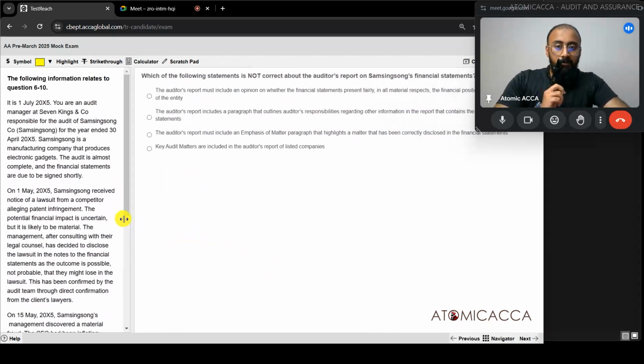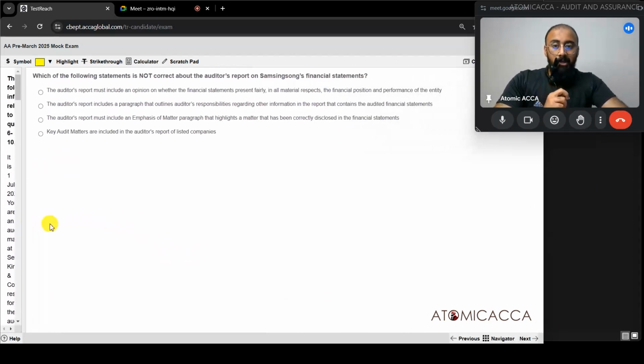Which of the following statements is not correct about the auditor's report on client's financial statement? Audit report must include an opinion on whether the financial statements present fairly, in all material respects, the financial position and performance of the entity.